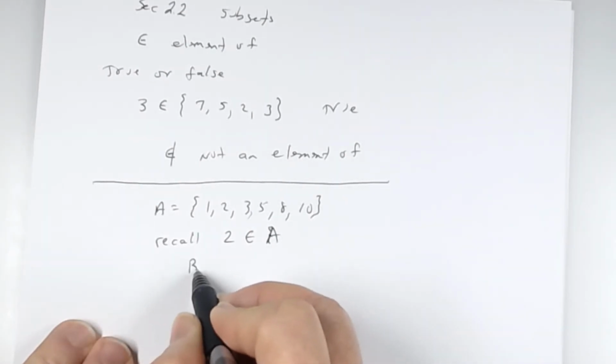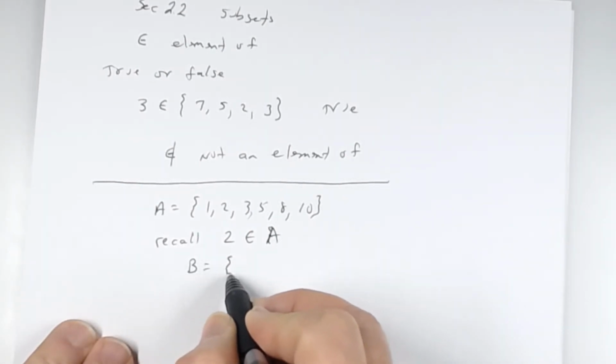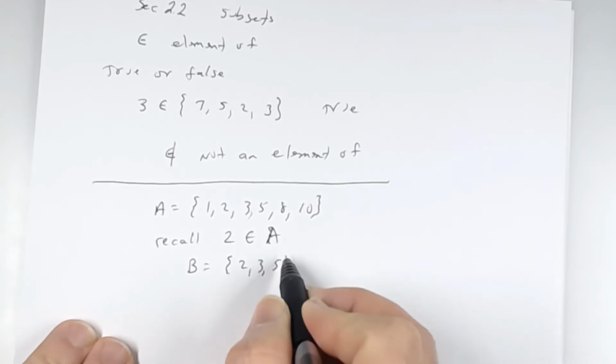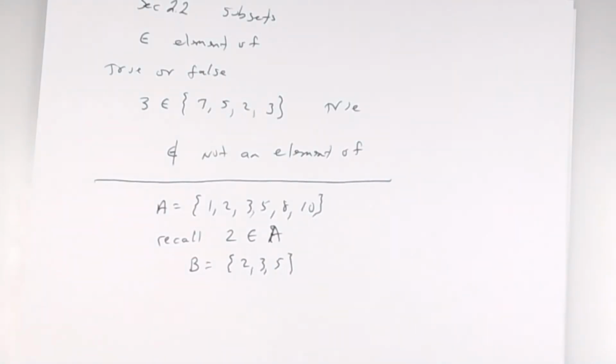I'm going to say B is this set: 2, 3, 5. Okay? Is B a subset of A? Yes or no? Yes. Why?